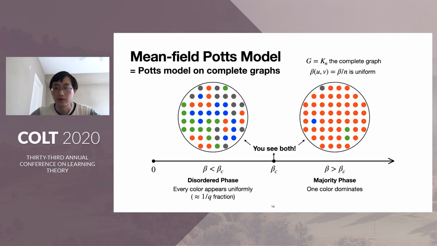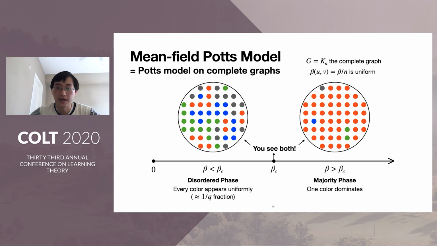However, when beta is greater than beta C, you will be in the majority phase. And when you sample from it, you will see most vertices receive the same color. Here in the picture, I use red, but it can also be blue or green. But the point is that you will see one color dominates.